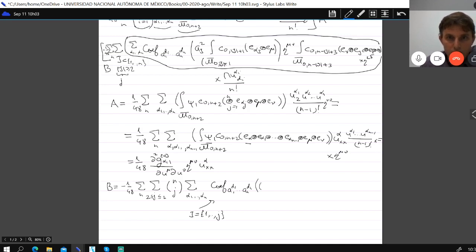And here we have A1 plus A J squared, the integral over M0 J plus 1, C0, alpha J small times E mu.